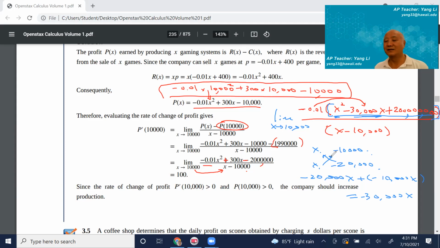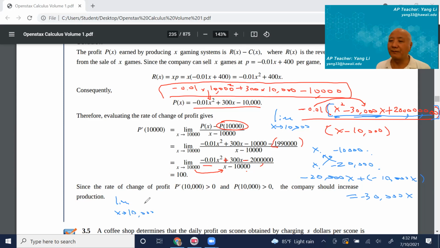So excellent. So we will continue, this limit equals what? I just give more space here, okay? I write it here. So we're going to have the limit as x approaches 10,000, okay? X approaches 10,000.